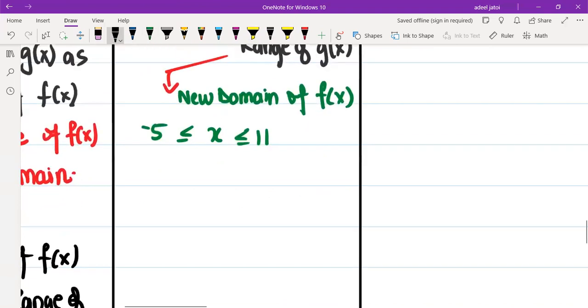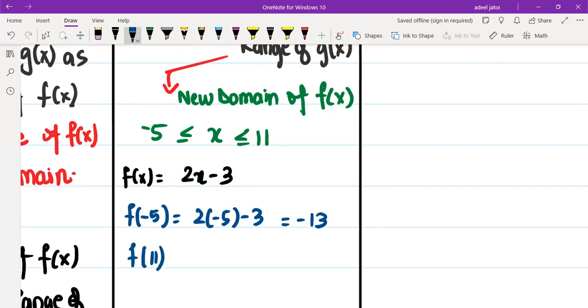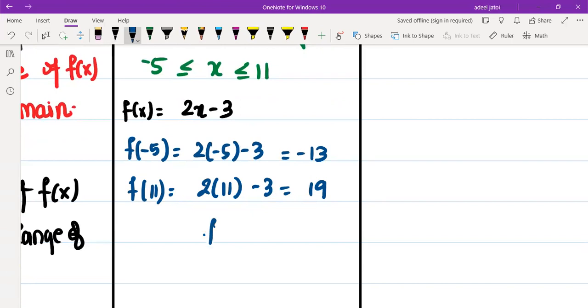And the f(x) function was 2x minus 3. So if we use f(minus 5), 2 times minus 5 minus 3, we get what? Minus 13. f(11), so this is 2 times 11 minus 3, we get what? 19. So the range of f(x) is basically minus 13 less than or equal to 19.